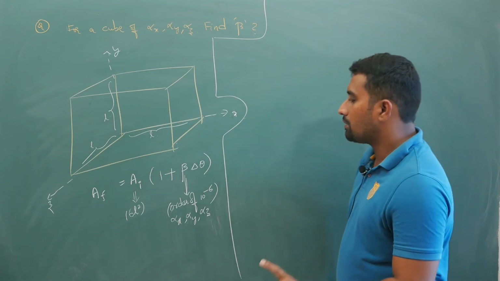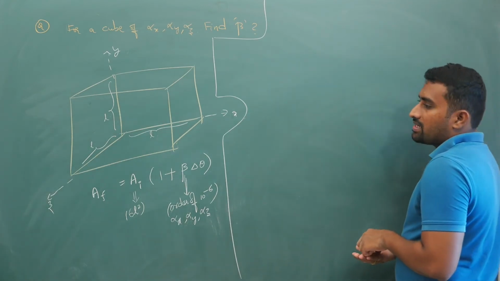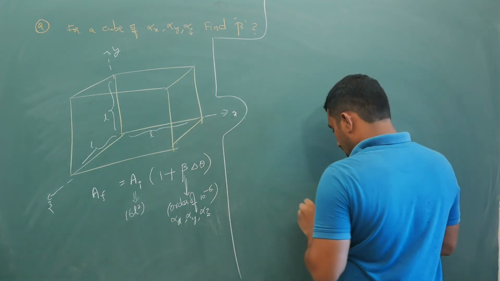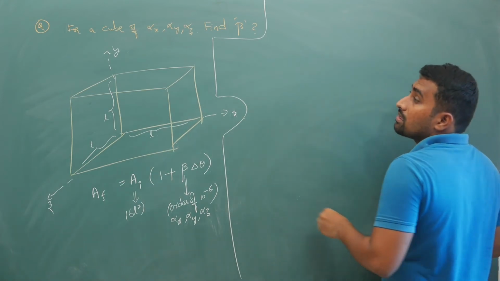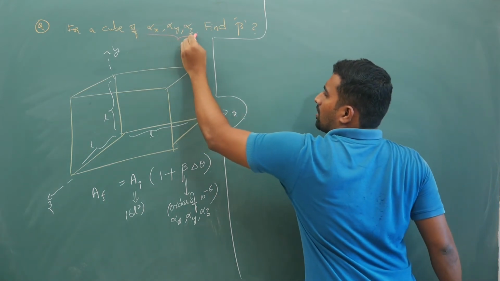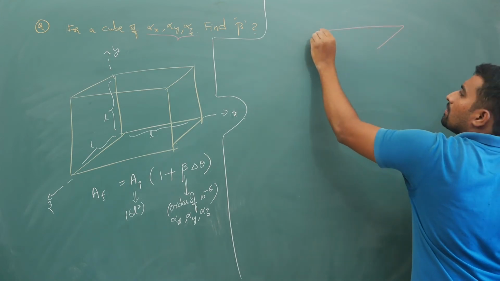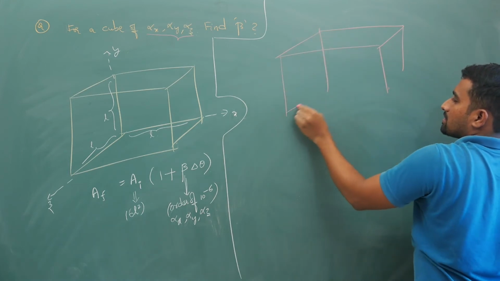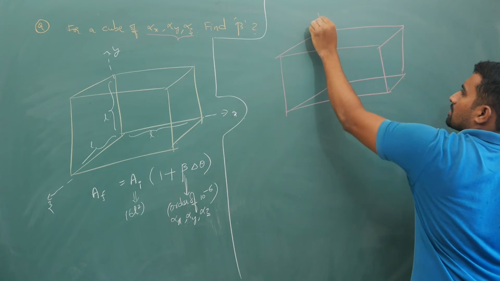Now observe carefully. After expansion, because these 3 are not equal, my new cube will have different dimensions. My cube is actually going to become a cuboid like this.